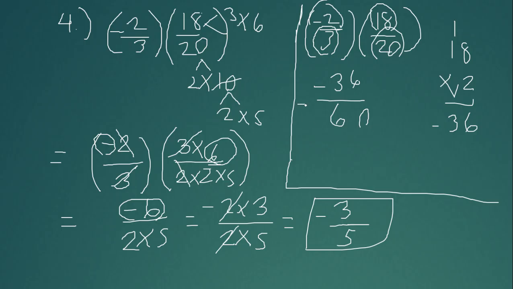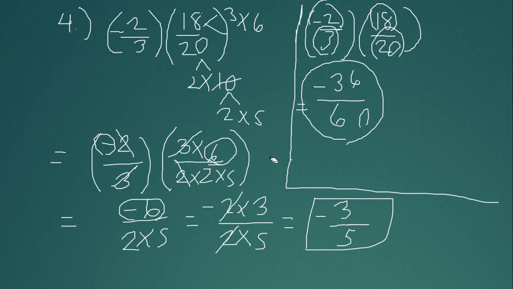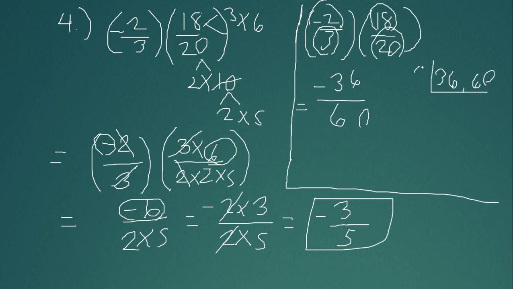Now, i-continuous division mo to para mahanap natin kung anong pwede ma-divide sa kanya. So, we have 36 and 60 divided both sides by 2. How many 2 sa 36? 18.